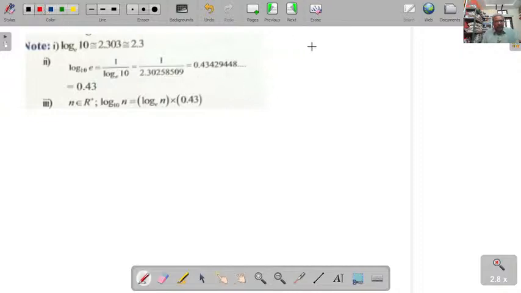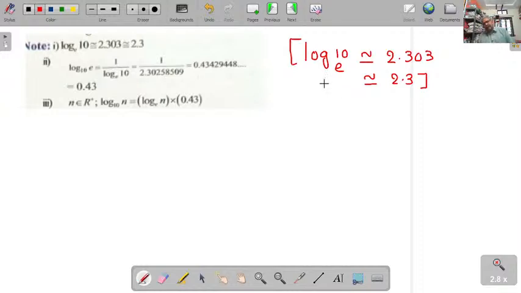Remember log 10 to the base e value is approximately equal to 2.3023, or approximately you can write 2.3. Whenever you want to make use of log 10 to the base e, just consider 2.303 or 2.3.